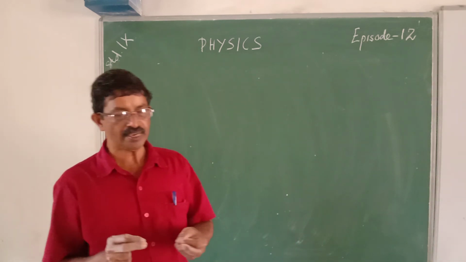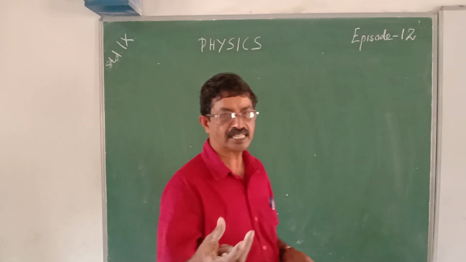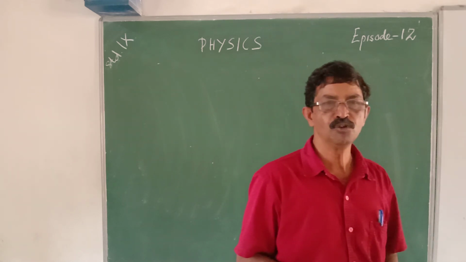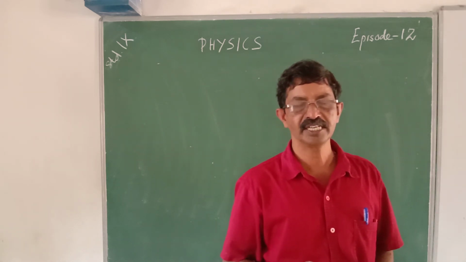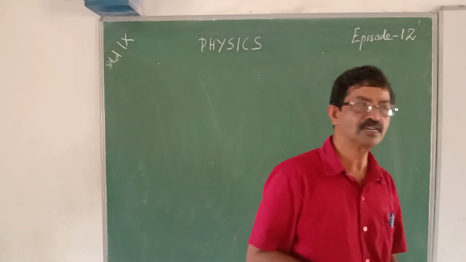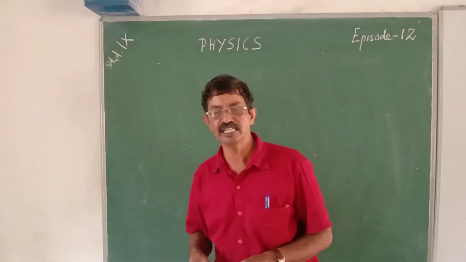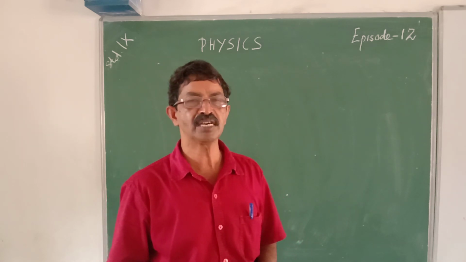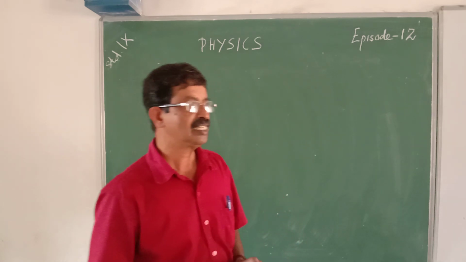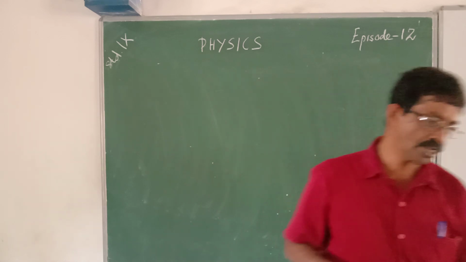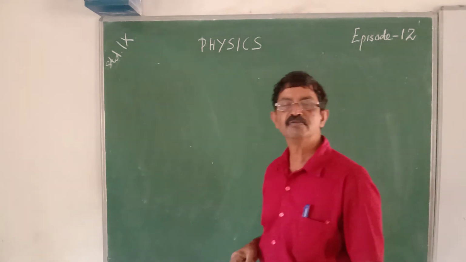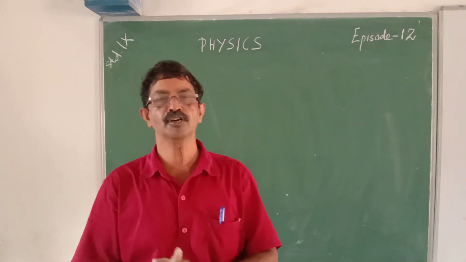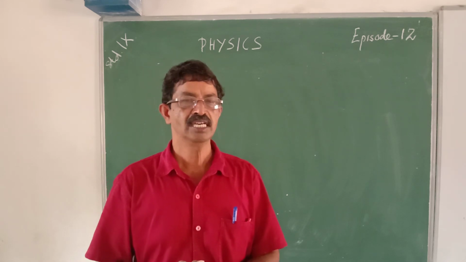Okay, now we discussed the terms today. Universal law of gravitation: what is it actually? Every object in the universe attracts every other object with a force proportional to the product of their masses and inversely proportional to the square of the distance.